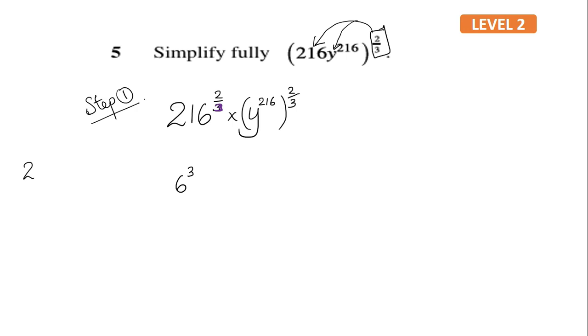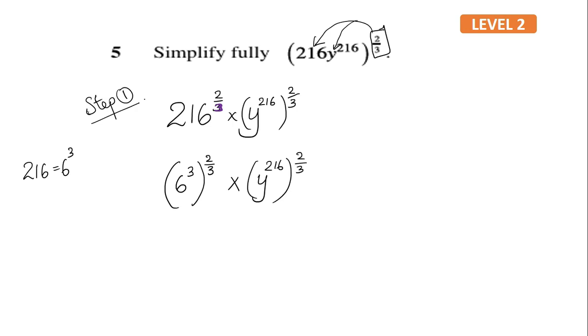So I'm going to replace 216 by 6 cube here, and the fractional power there, which is 2 over 3, times y to the power 216 times 2 over 3.